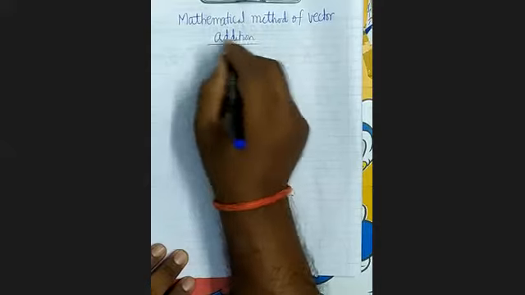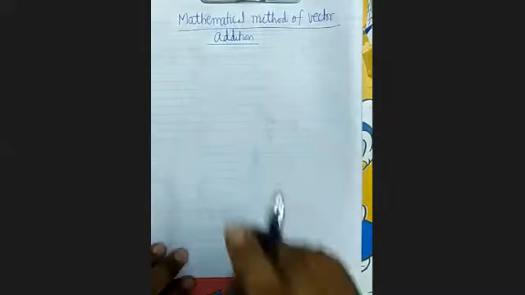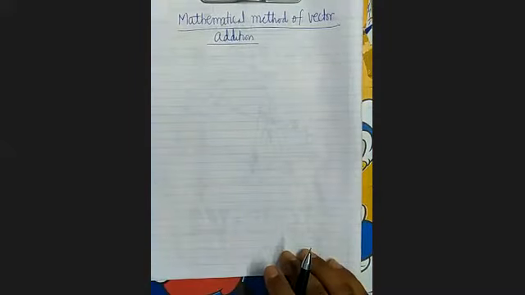How will you add two vectors mathematically, without drawing the diagram? Without drawing a diagram, how will we add them mathematically? It is clear. So see here.